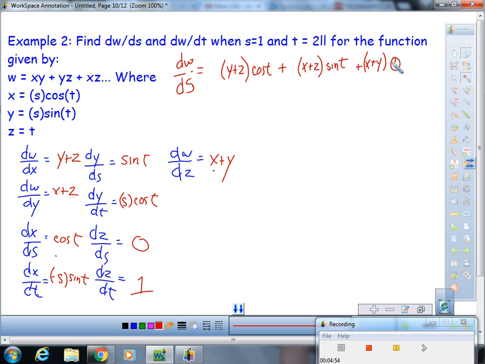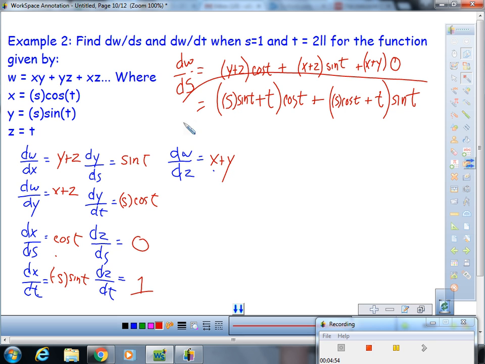So it will be s sine of t plus z, t times cosine of t plus x equals s cosine of t, plus t times sine of t, plus 0.